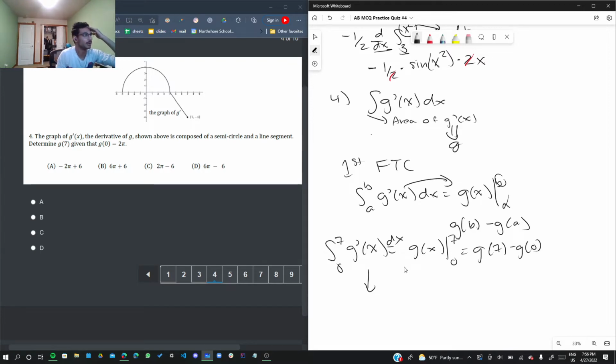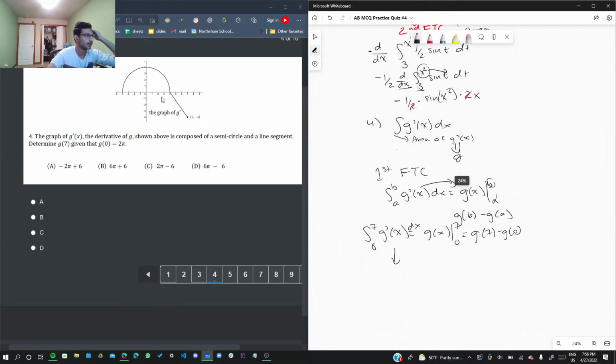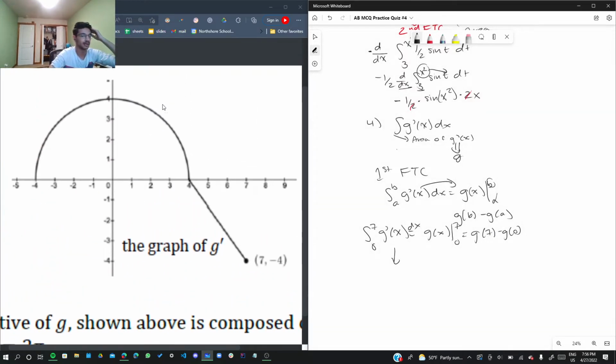If you look very closely, I'm just going to zoom in here on this graph. From 0 to 4, this is part of a circle. The circle has a radius of 4, which means the whole circle will have an area of pi r squared, 16 pi. But it's just a quarter circle, so you take a quarter of it, which is 4 pi.